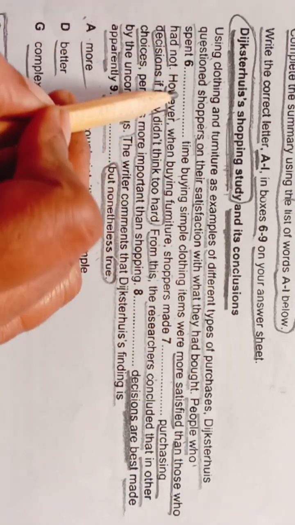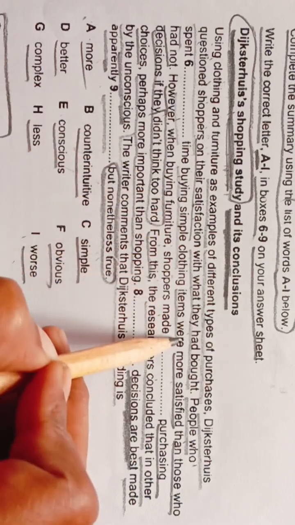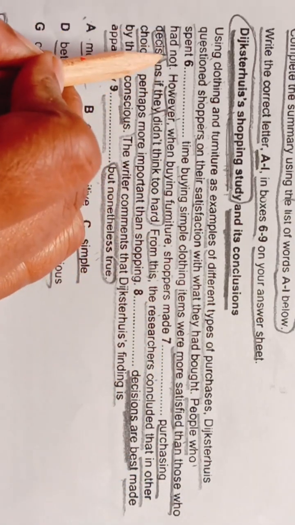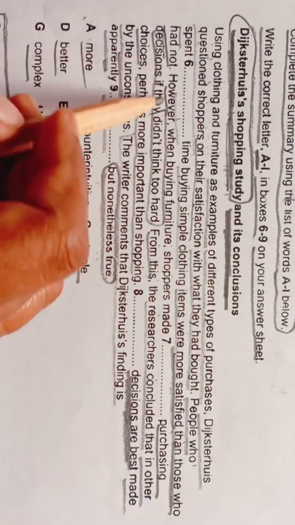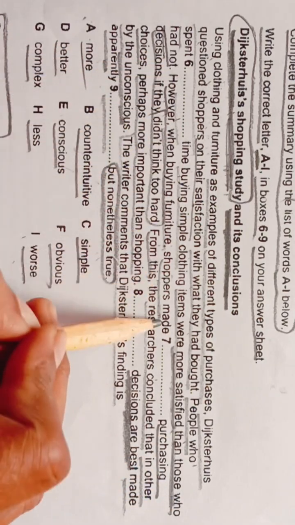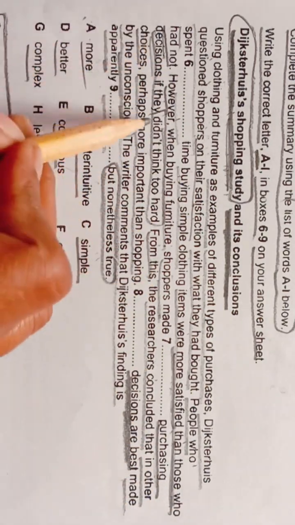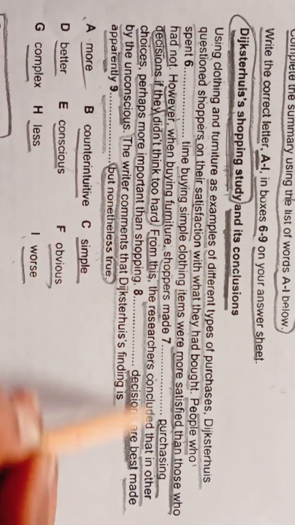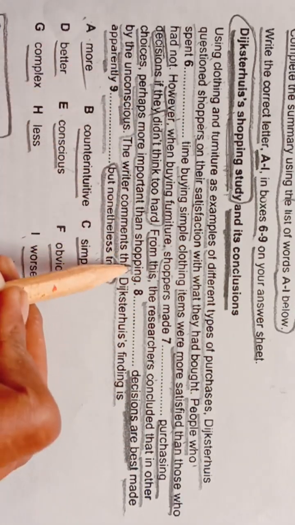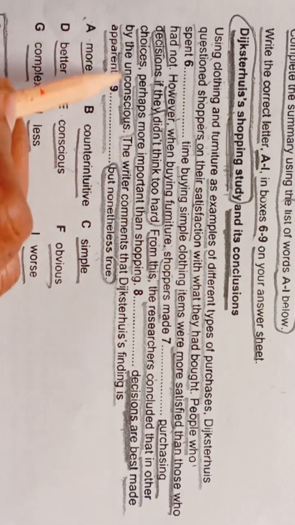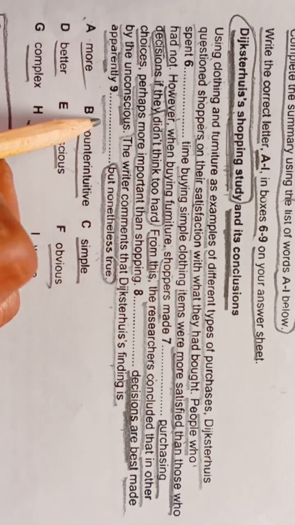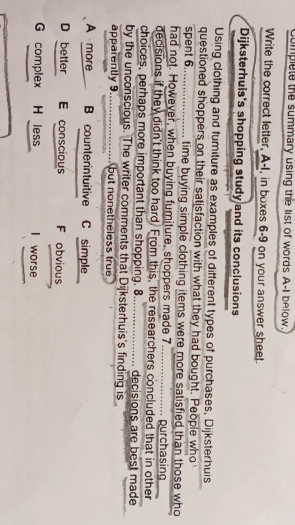People who spent dash time buying simple clothing items were more satisfied than those who had not. However, when buying furniture, shoppers made dash purchasing decisions if they didn't think too hard. From this, the researchers concluded that in other choices, perhaps more important than shopping, dash decisions are best made by the unconscious. The writer commented that Dijksterhuis' finding is apparently dash but nonetheless true.